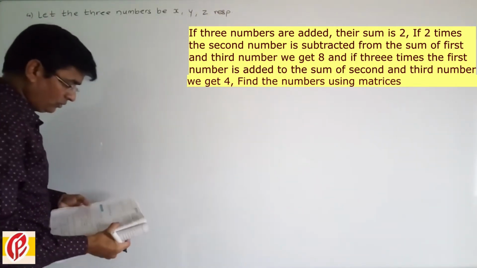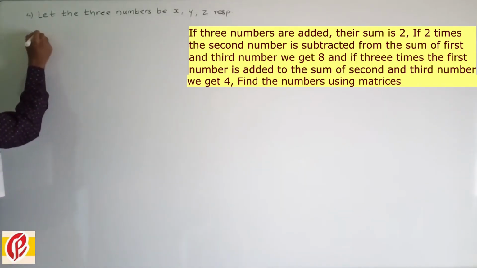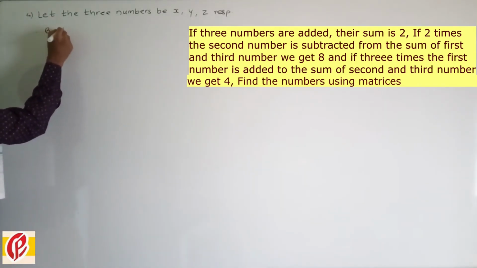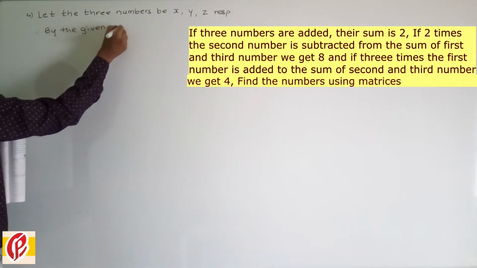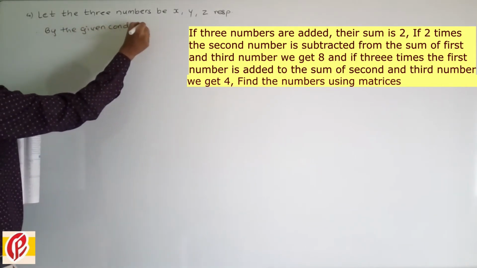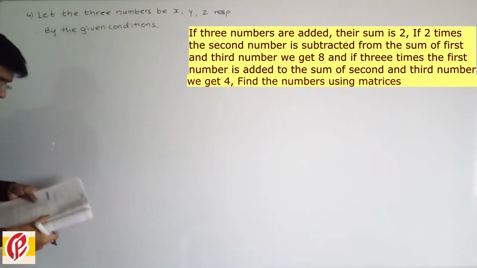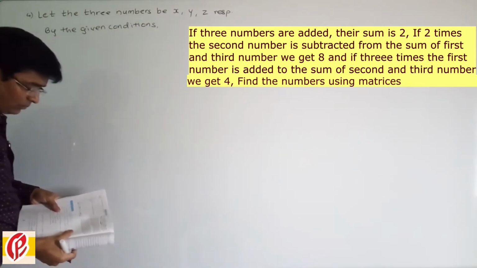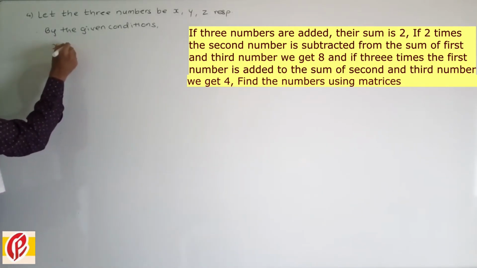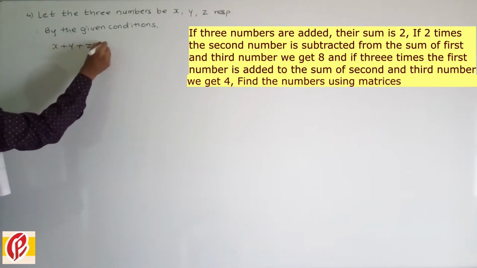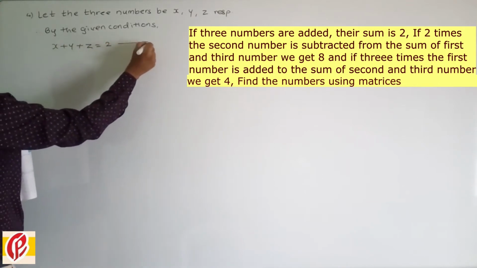Okay, so by the given conditions, what is the first equation? Three numbers are added, their sum is 2. So x plus y plus z is equal to 2. Equation number 1.